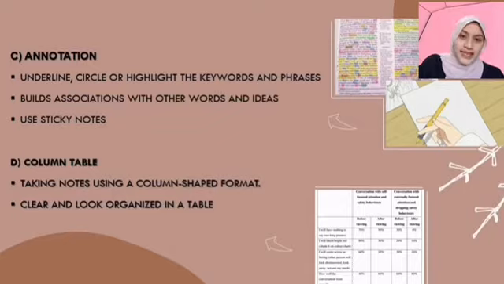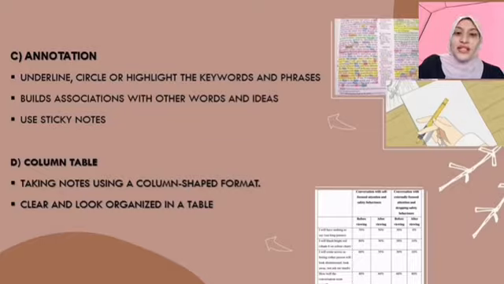Besides that, we can also circle keywords or use highlights for unintelligible sections, then find out the information about those sections. We can also use sticky notes and associate with other words and ideas.